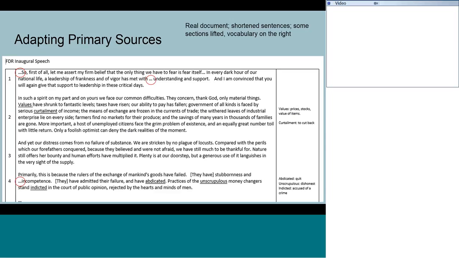So you'll see I've circled in red a few points where I actually lifted out some sections to make it clearer. And then I've also given students some vocabulary along the right-hand side so that they would be able to look over and make sense of the reading somewhat independently. Next slide, please.